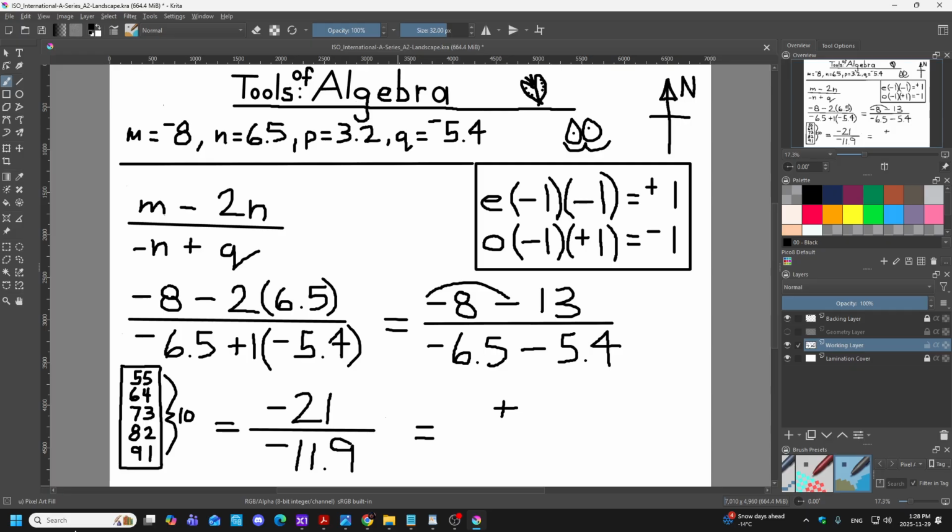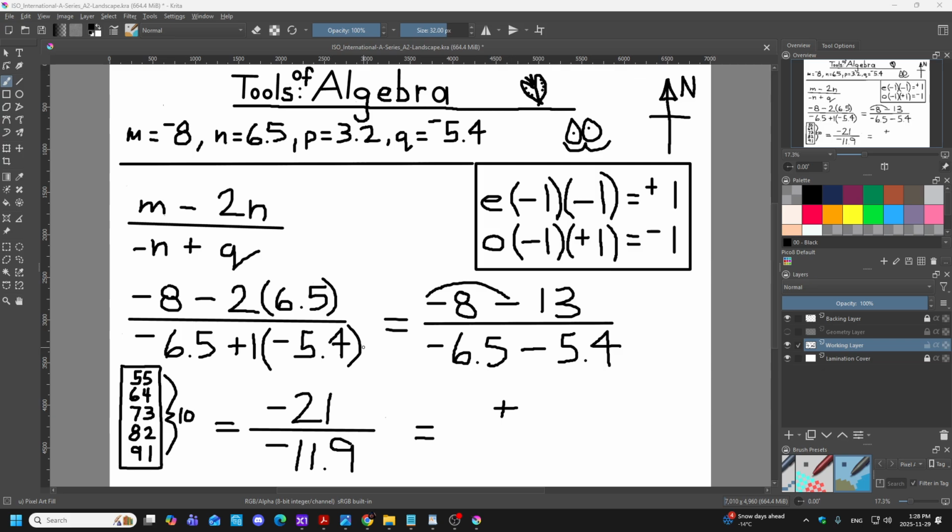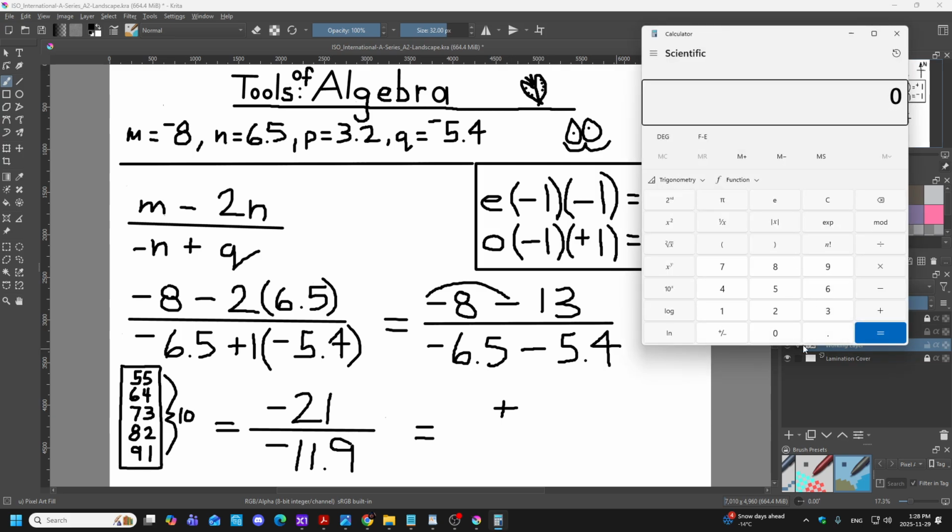Okay. All right. Here, I gotta keep bringing this up. I close it, open it, close it. It's the only way I could really show you the steps. 21 divided by 11.9. I get 1.76.